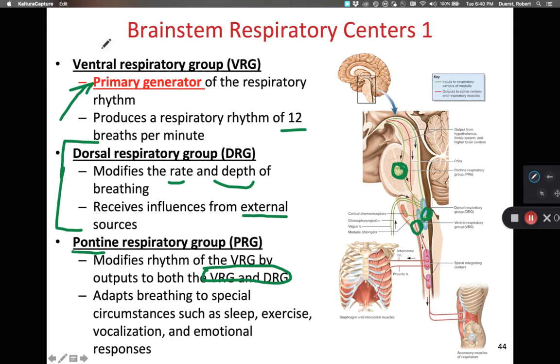So when we think of the ventral respiratory group, this is the primary rhythm generator. So this is where it all begins. And then based on signals being sent to the dorsal respiratory group from external sources, we can modify that ventral respiratory group, and then we do lots of modifications with the pontine respiratory group that allows us to adapt to very special circumstances, like when we're sleeping and we need to breathe deeply and slowly, or we're exercising and need to breathe deeply and quickly, or when we're vocalizing.